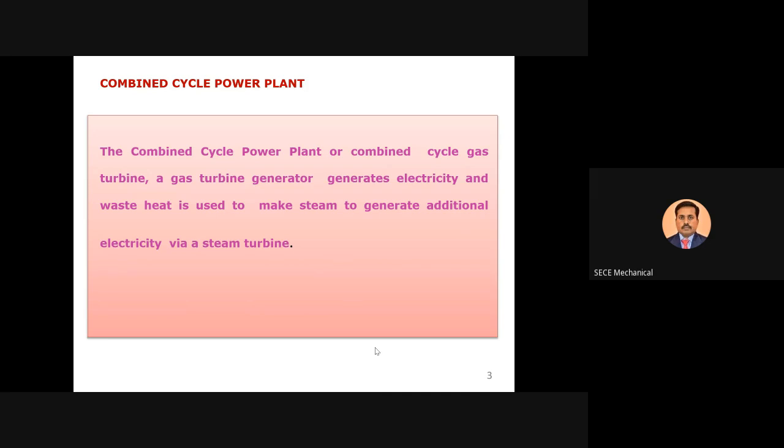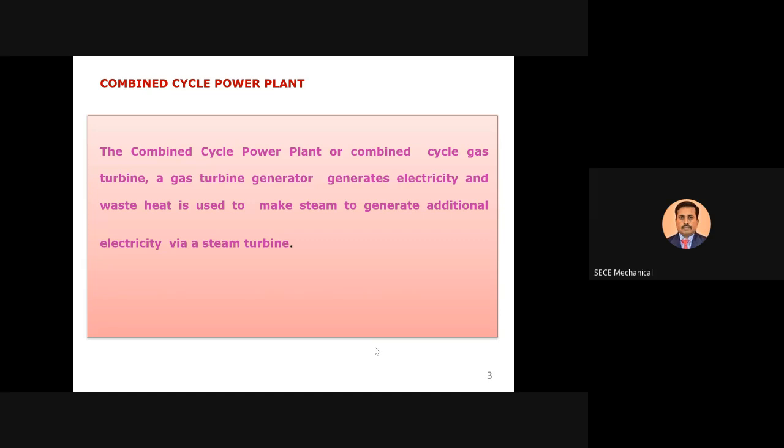If you want to generate more power, we have to add these two cycles, which is called a combined cycle, a combination of Rankine and Brayton. So with the help of that we can produce more power.